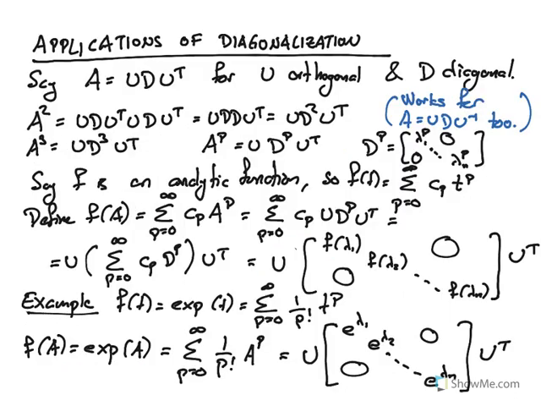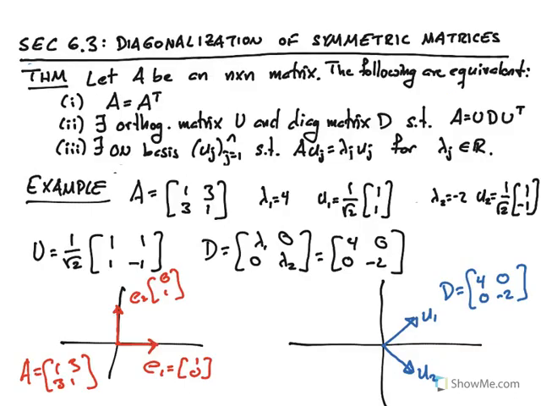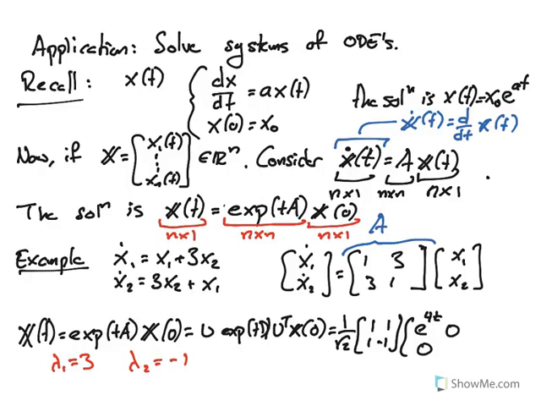Let's go back and look. No, they are 4 and -2. I'm glad I checked. So I remembered correctly the first time. So lambda 1 is 4. Lambda 2 is -2. It's obvious, right? If you multiply A by the vector 1, 1, you get 4, 4.